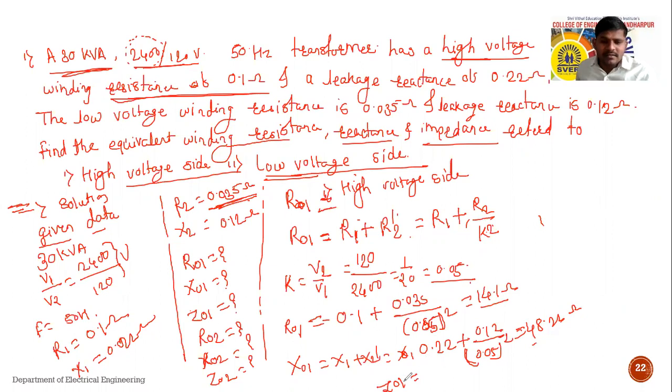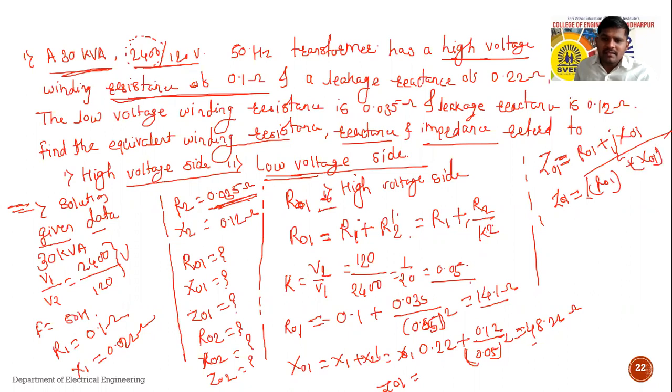Now calculate the value of Z01. What is the formula? Impedance Z01 is R01 plus jX01, right? But I want to calculate the magnitude. So Z01 is the square root of R01 square plus X01 square.